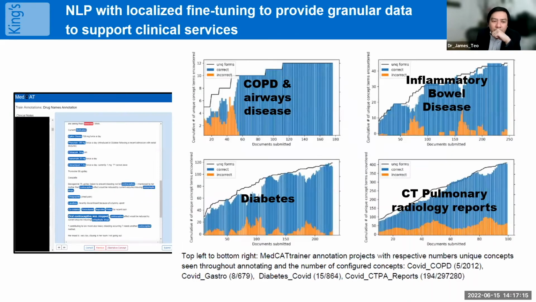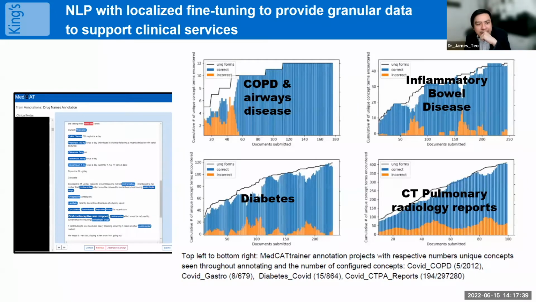So the key tool that we've been developing for this is something called MedCAT, which was developed by 3 PhD students in our group, Zeljko Kraljevic, Tom Searle, and Anthony Shek. And this is a fairly straightforward open source tool which does named entity recognition.